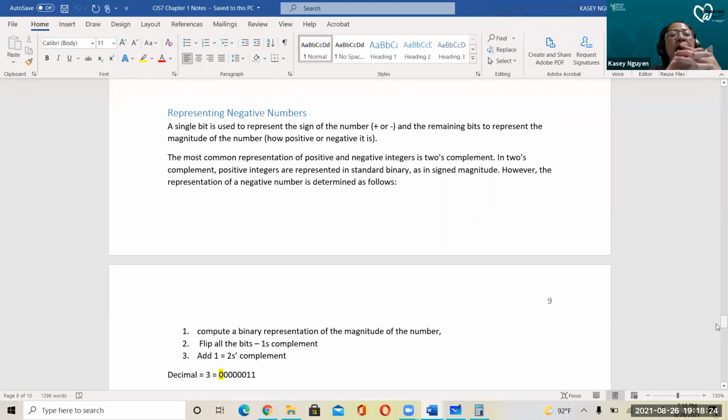Now, when you subtract, let's say I take 4 minus 2, it takes the positive 4 and adds it with the 2's complement, or the negative 2. So when we say 4 minus 2, it's like saying 4 plus negative 2.